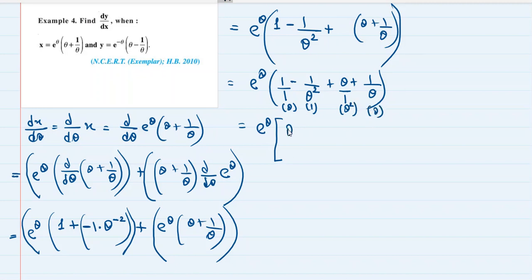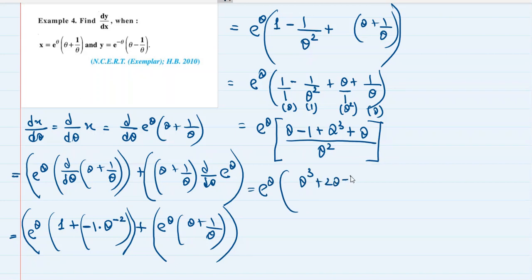So we take theta minus 1 plus theta cube plus theta, the whole upon theta square. So we have e raised to theta times (theta cube plus 2 theta minus 1) upon theta square. Okay, so we can leave it as it is over here.